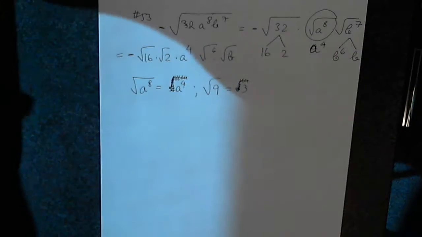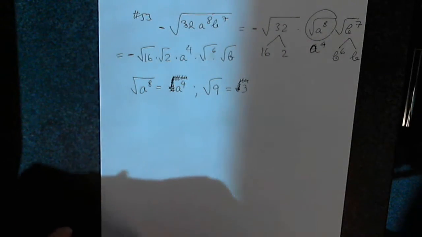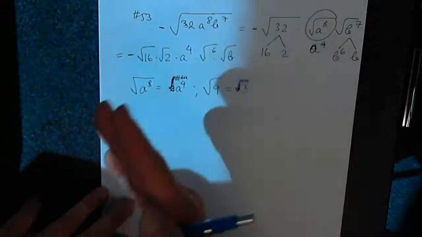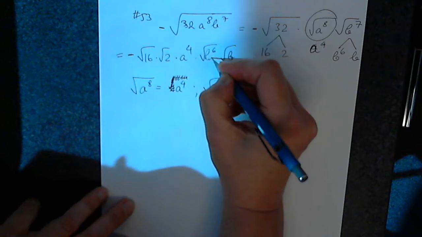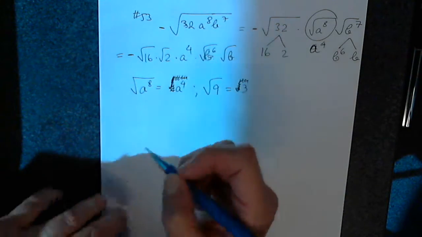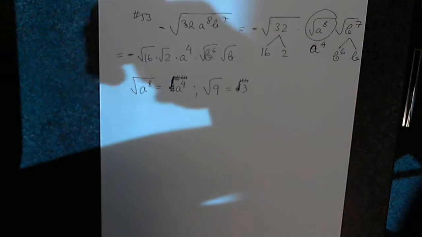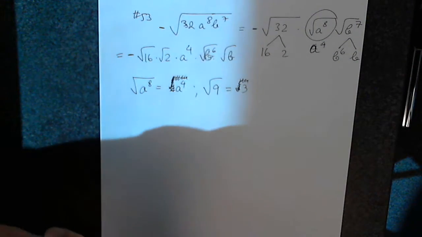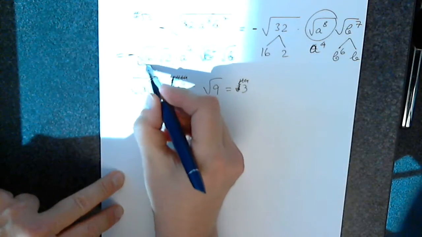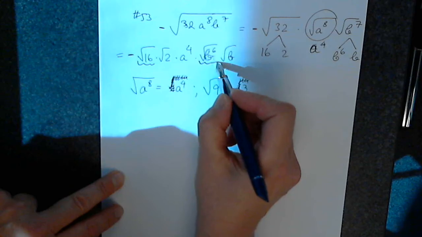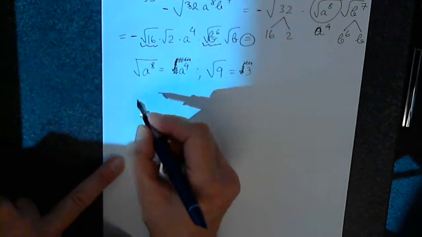Very good. So now slowly, please, can anyone tell us? Simplify the 16 to 4, so this is 4, and then the square root of b to the 6 would be b to the 3.